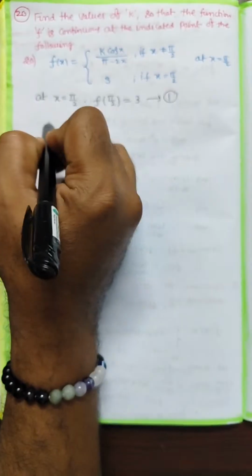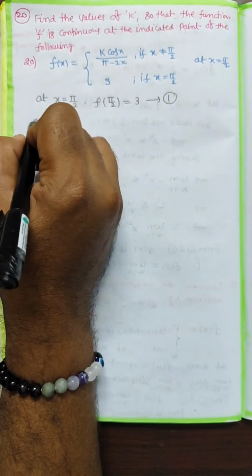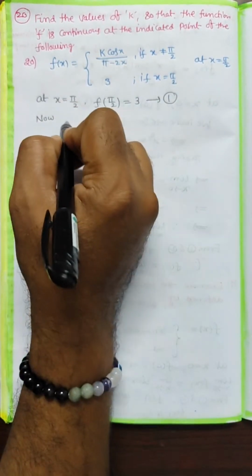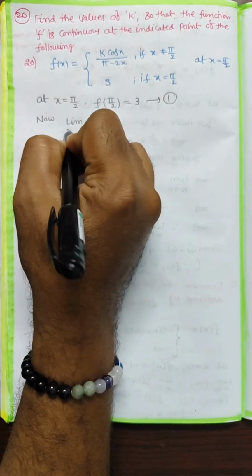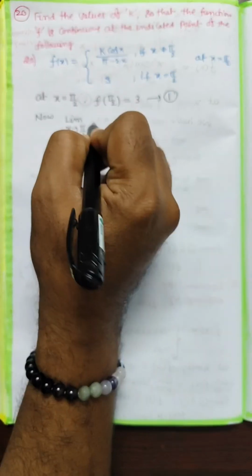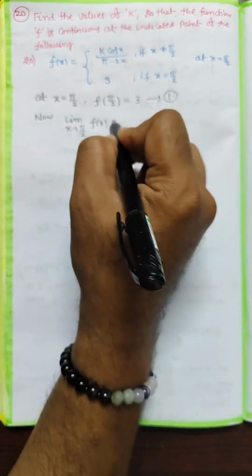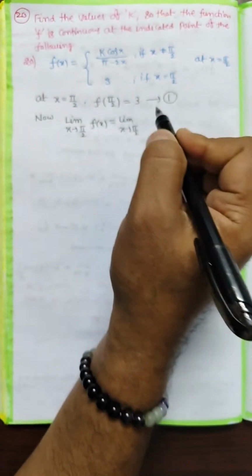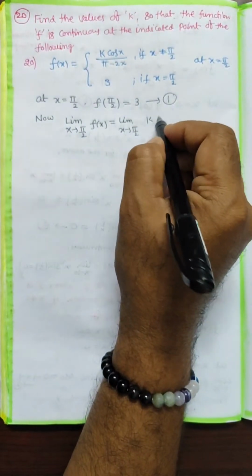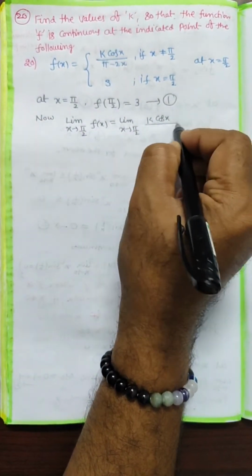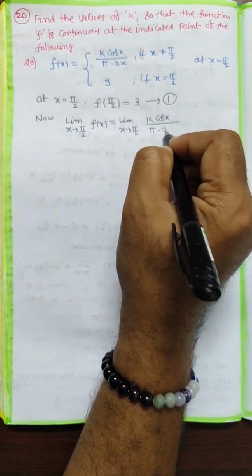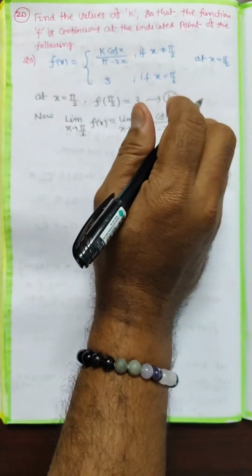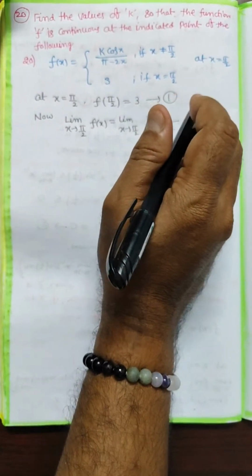Now, by considering the limit as x tends to pi by 2 of f of x, what is f of x, dear students? K cos x by pi minus 2x. So here is a good twist.